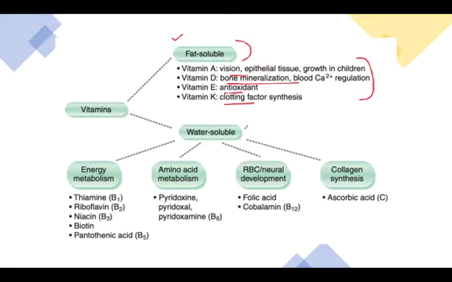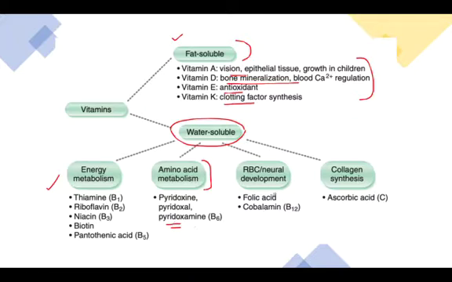The second broad class of vitamins are the water-soluble vitamins, and we can further classify them into vitamins that are involved in energy metabolism, among which we have B1, B2, B3, biotin, and pantothenic acid. Water-soluble vitamins that are involved in metabolism of amino acids, and here we will talk about vitamin B6 in detail.